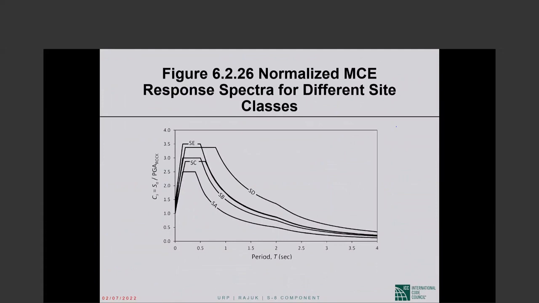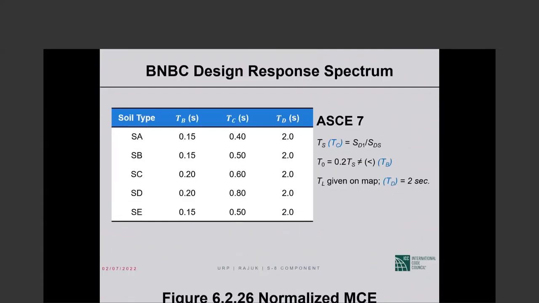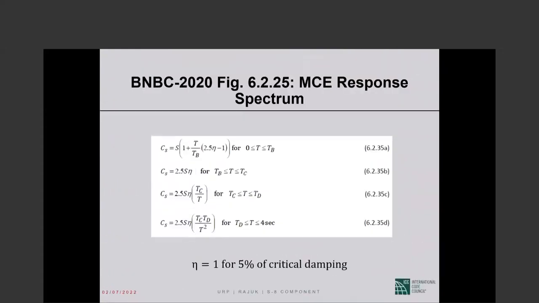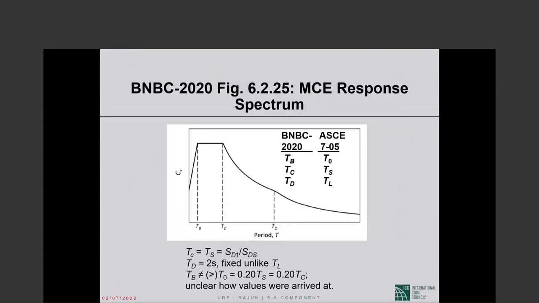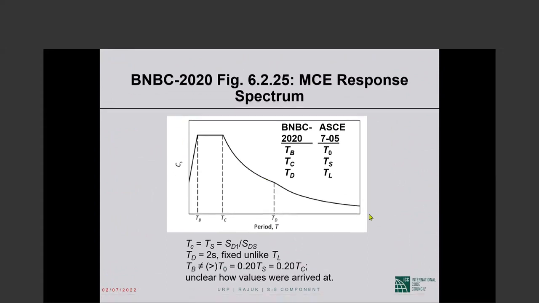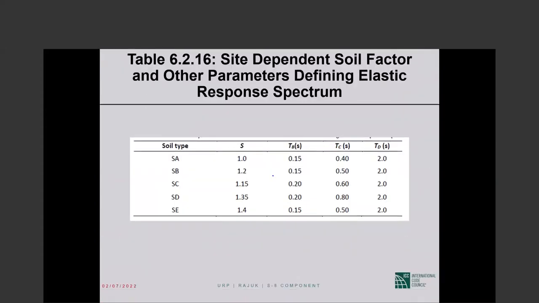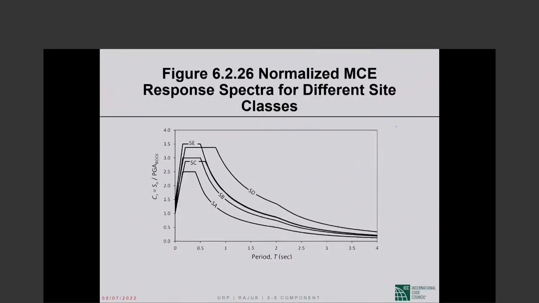Now, when you plot this spectrum for the different soil types, so for each soil type, the point B is defined, the point C is defined, the point D is defined.